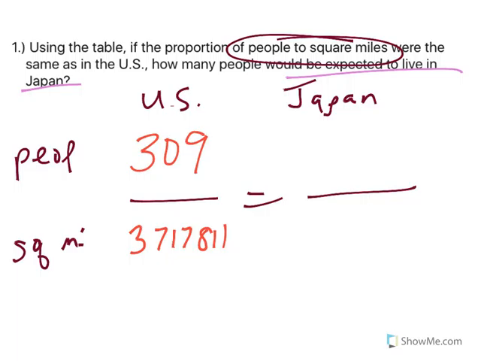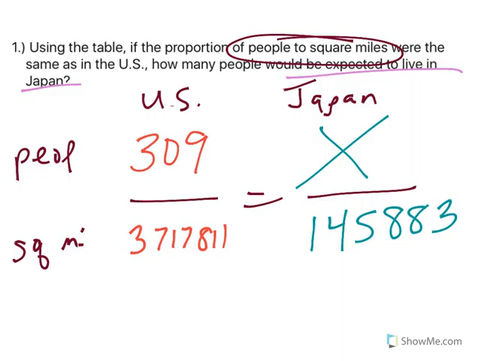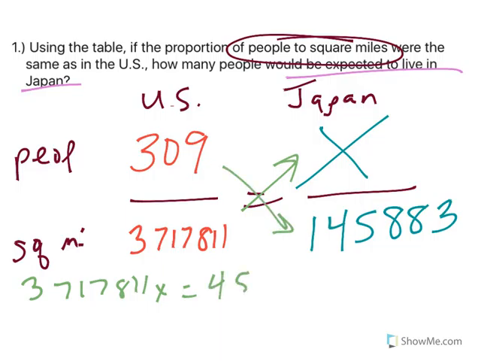All right, so the question is, how many people would be expected to live in Japan? Well, that's population. So this is what we're trying to find, assuming that their square area is the same, which is 145,883. So now we go ahead and cross multiply. When I cross multiply, I get 3717811x equals a super big number, 450,77847.